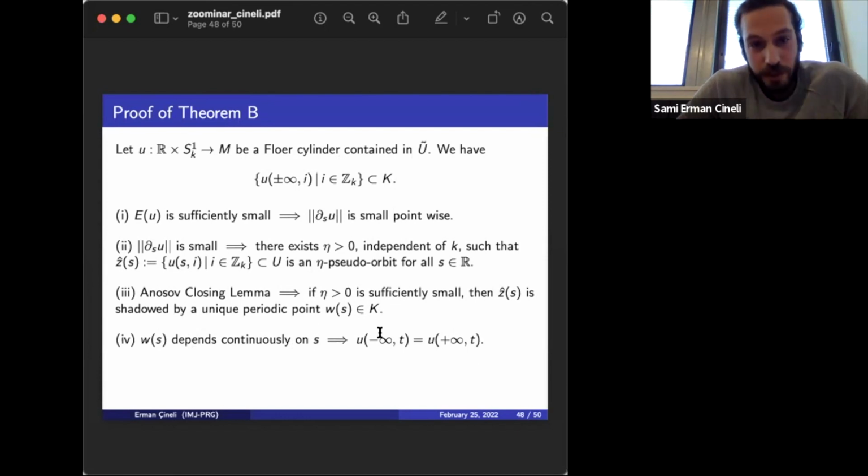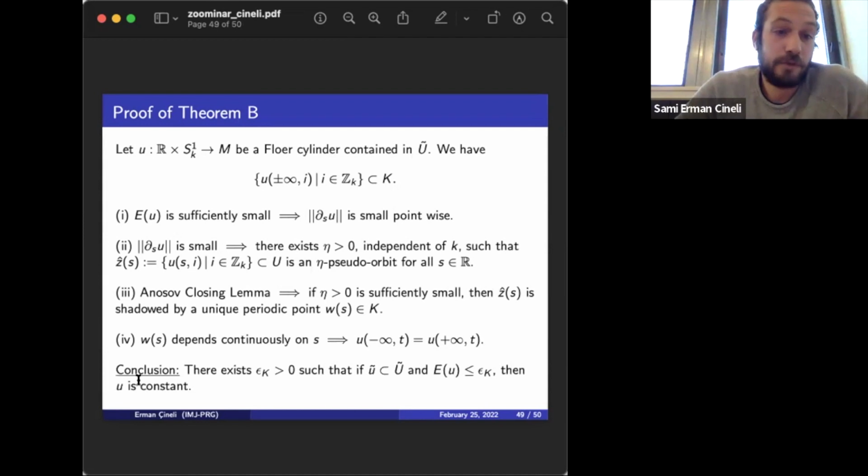From this, we get that the two ends of the cylinder are the same periodic orbit. And we are done. So the conclusion is that there exists an epsilon_K such that if the lift of u is contained in U tilde, and if the energy of u is less than epsilon_K, then u is constant.